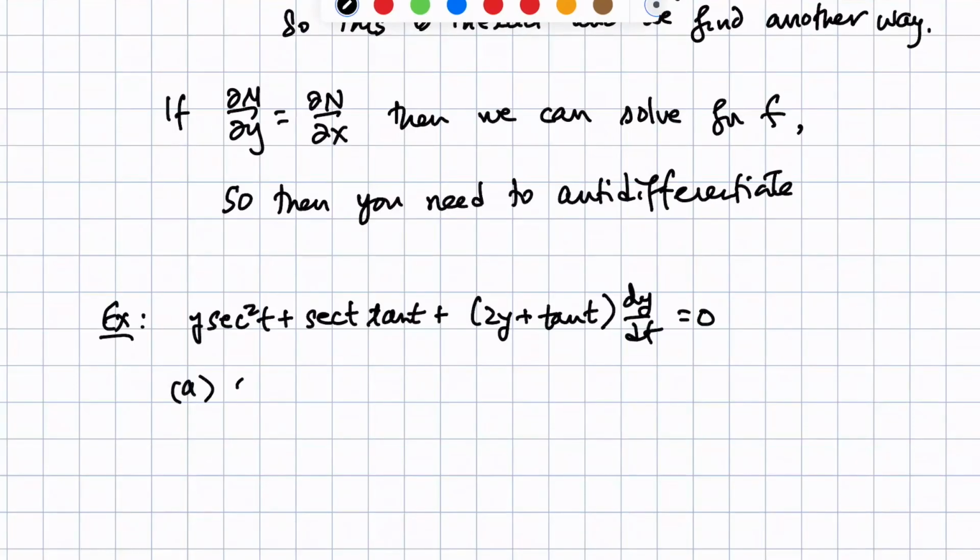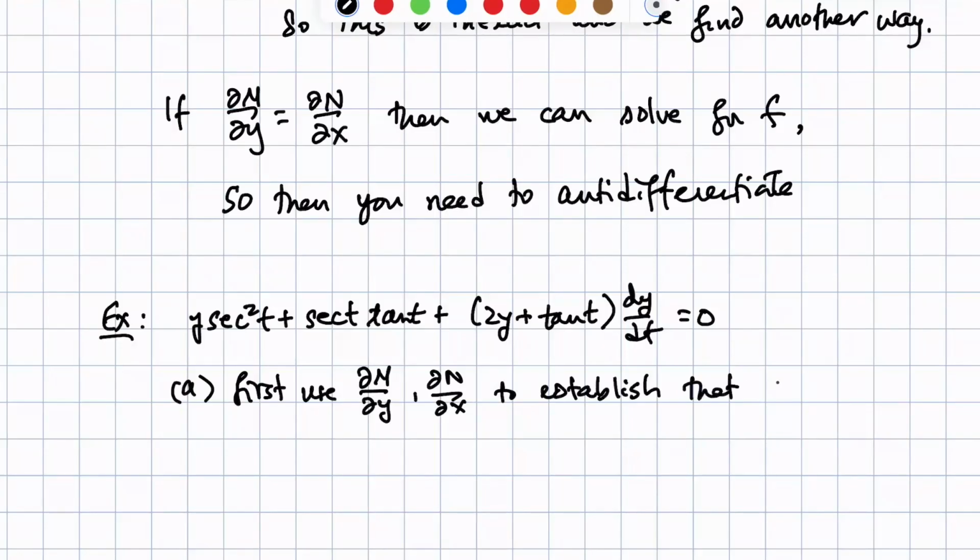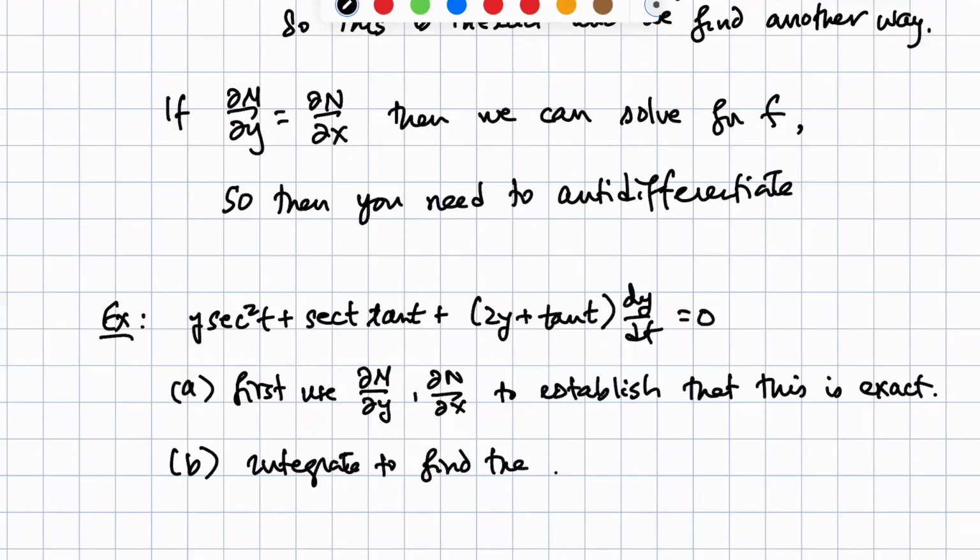First, use dM/dy and dN/dt to establish that this equation is exact, then integrate to find the solution, which will be in an implicit form.